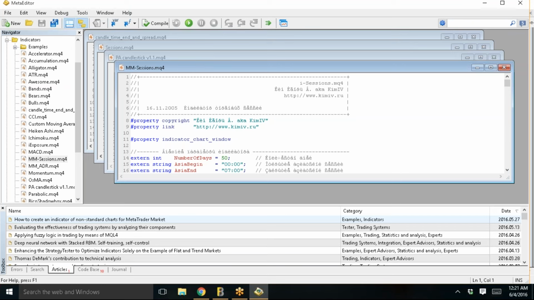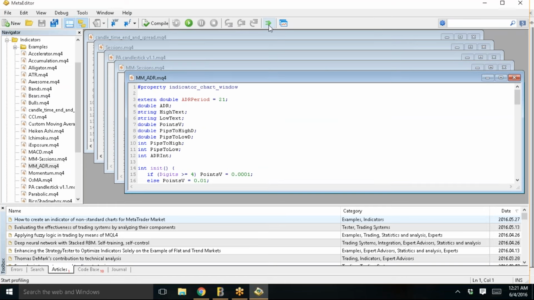If you put more than one indicator in there, you have to do that process for each one. So sessions would come up, it would load, you would close it out, you'd end up back in here, and then ADR would be your next one. Start profiling again, same process. Hope that was clear enough for you.